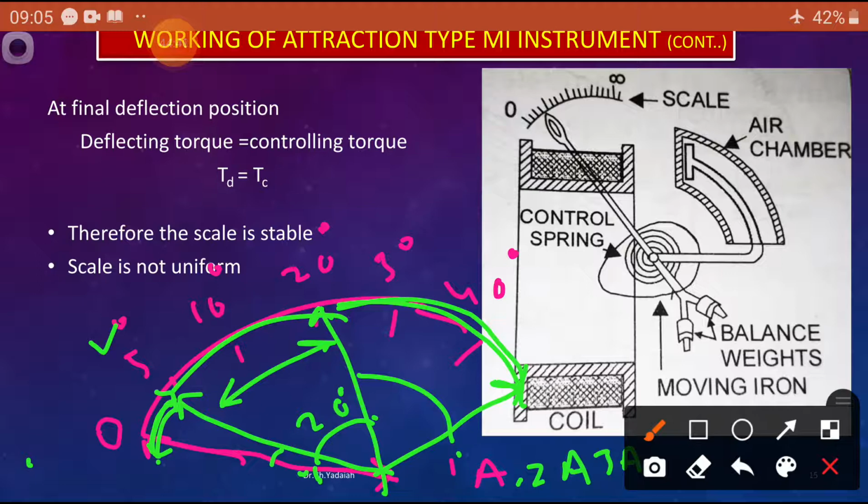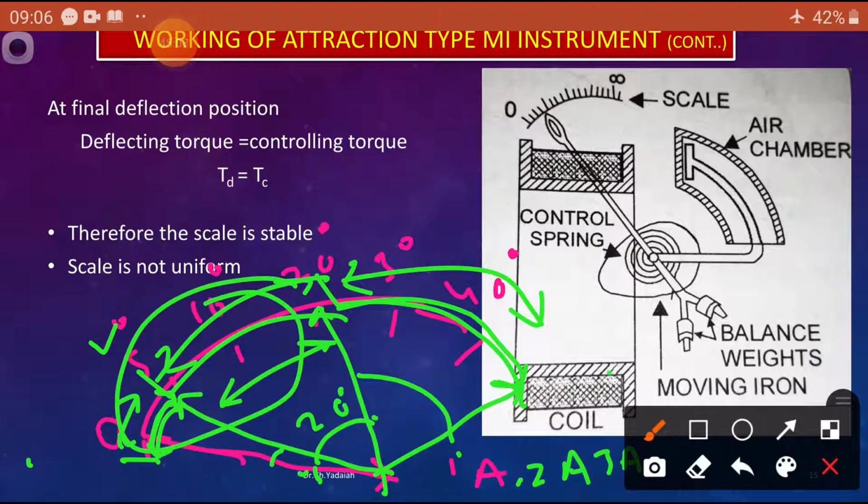That means the scale is not uniform in this case. The arc length is less here and further more there. Once the current increases, the arc length changes, so the scale is not uniform. So this instrument is known as cramped at the starting and cramped at the ending.